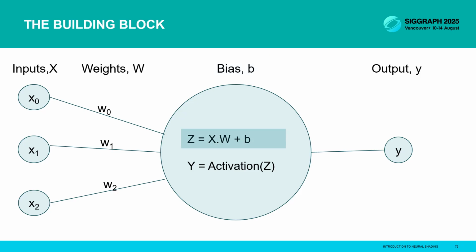And these are all fed into a simple linear equation which takes the dot product of the inputs with their corresponding weights and then adds the bias on the top. This linear equation gives us a value that's typically denoted z. And that linear value z is then fed into a non-linear activation function. And this is what lets our neural network solve non-linear problems. And the output of the activation function is the output of our neuron.